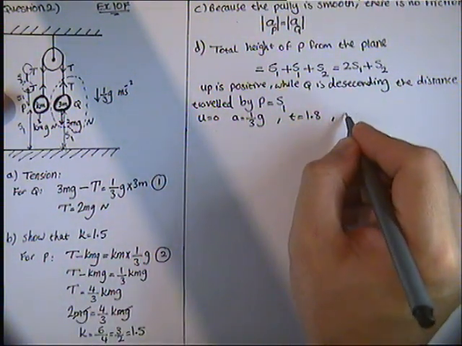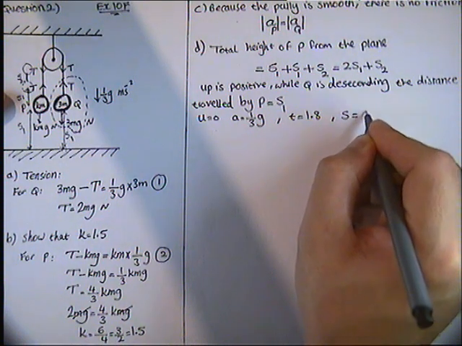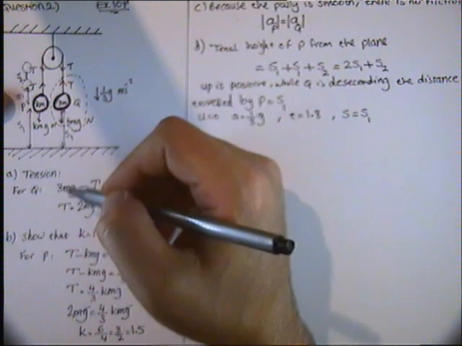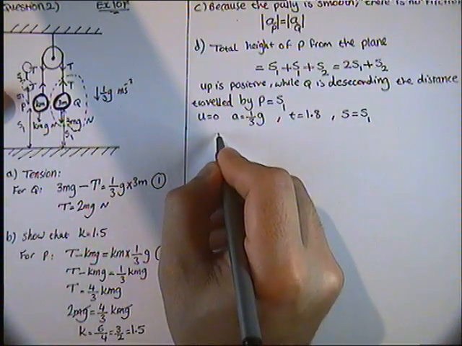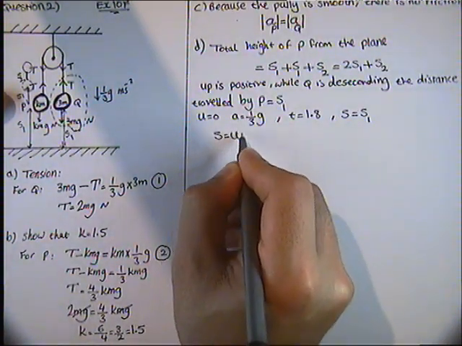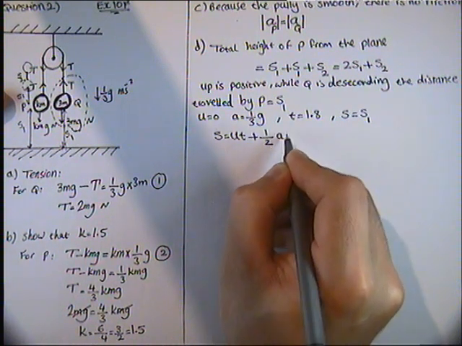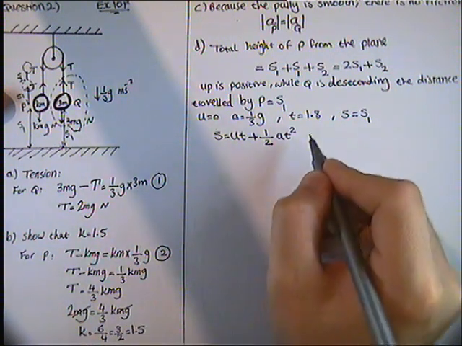And let's say the distance traveled is, we assume it is s1. This distance is s1. So therefore, s is equal to ut plus half a t squared.